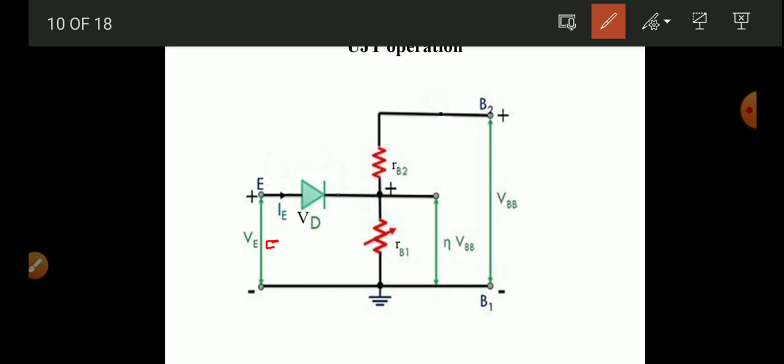This eta VBB and the voltage drop across the diode is VD. So eta VBB plus VD. This voltage reverse biases the diode. Due to reverse biasing, the current through the diode is zero. That means the emitter current through the diode is zero.